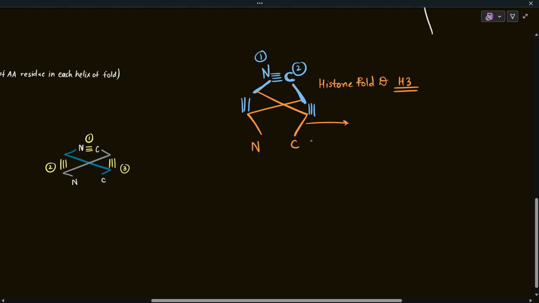So these three parts, the N terminal and C terminal, and the second part, interact with each other and form docking surfaces for DNA.